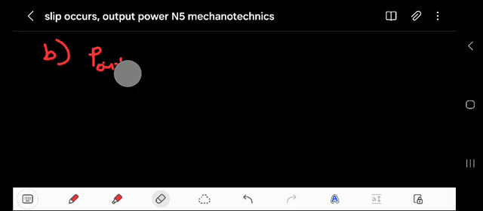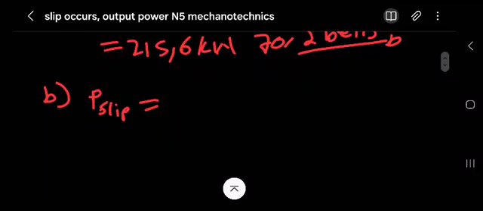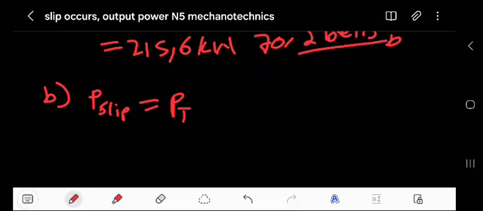If you consider the slip, let me say P slip must be the total output power that you've calculated on top minus 6% slip.